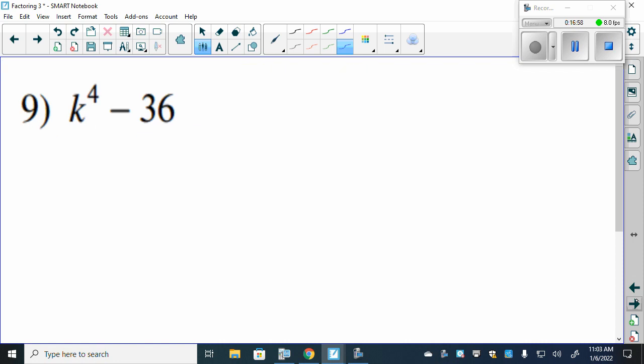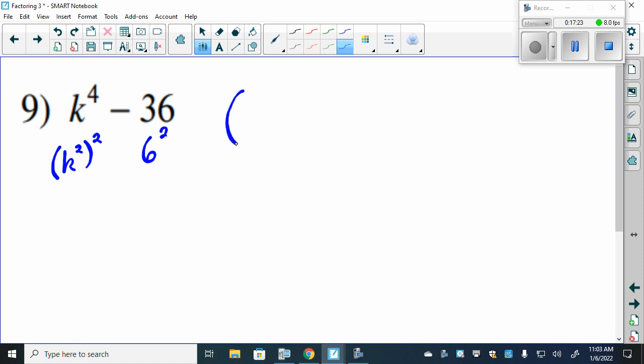Let's look at this one here. Well, as we just saw, we can say that this is the difference of perfect squares, yes? Because k to the fourth is really k squared squared, and 36 is what? 6 squared.